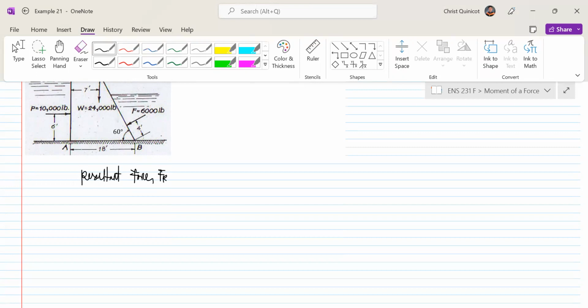The x component of F sub R is equal to the sum of all the forces in the x direction, assuming to the right positive.